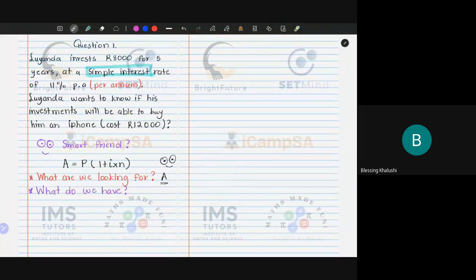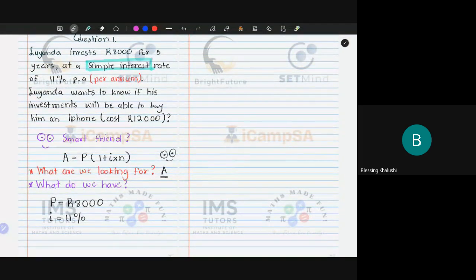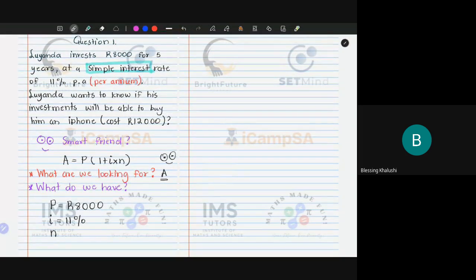We have the principal amount and it is equal to 8,000. On point. So we have P, which will be 8,000. And then we have I, which is equal to 11%. What else is missing here? We have N, which is equal to 5 years.